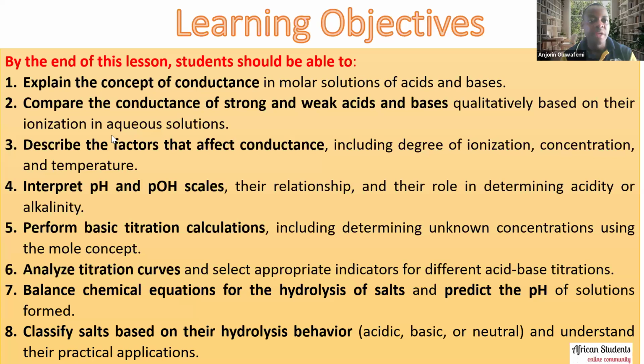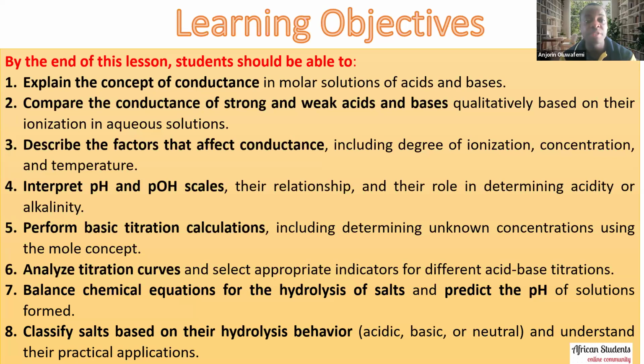It is expected that by the end of this lesson, students should be able to explain the concept of conductance in molar solutions of acids and bases, and compare the conductance of strong and weak acids and bases.